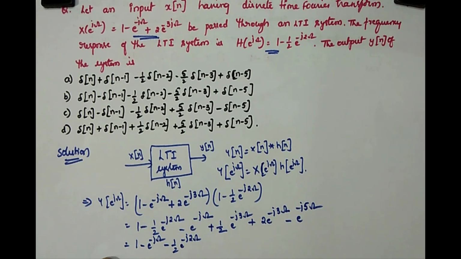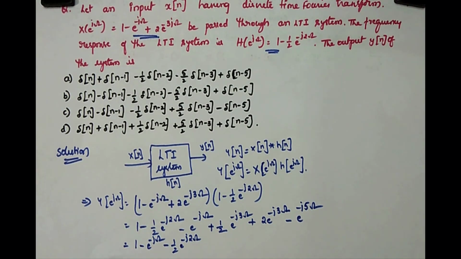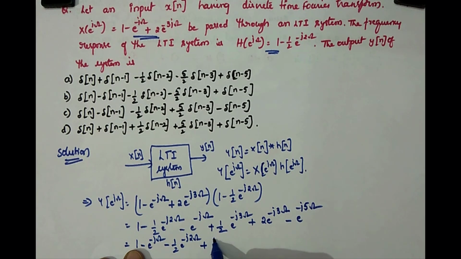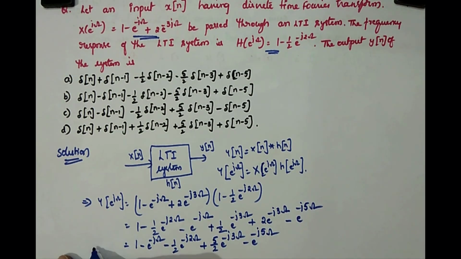If you take e^{−j3ω} common, it becomes 1/2 plus 2, and 1/2 plus 2 is 5/2. Plus (5/2)e^{−j3ω} minus e^{−j5ω}. This is your Y(e^{jω}).